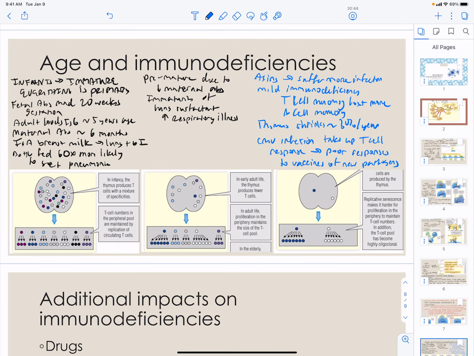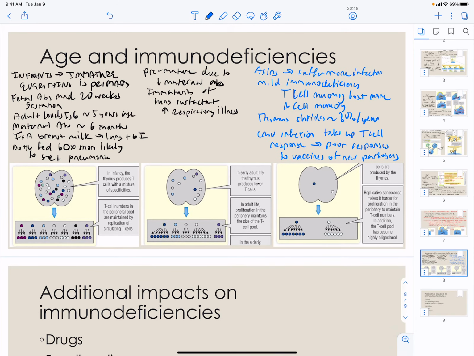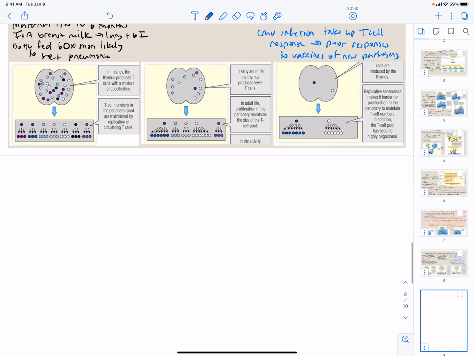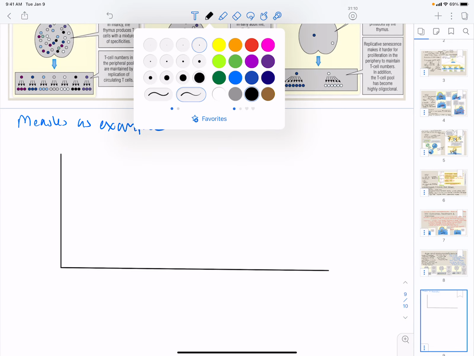So I just want to use, really quickly, measles as an example for this, especially with the young. Okay, so we have a difference in the measles vaccination in developed versus underdeveloped world.